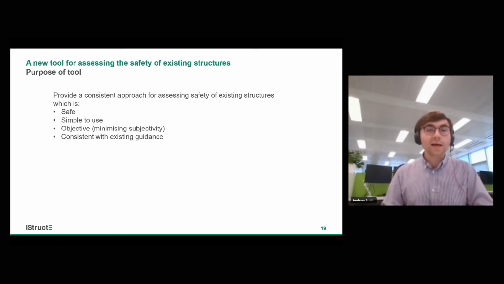We don't want it to be overly complex or overly demanding. Another guiding principle that we've tried to follow is objectivity. We're trying to minimize the amount of subjectivity in the process as far as possible and provide as much guidance so that different engineers are likely to reach the same result. And then finally, we want it to be consistent with as much of that existing guidance as possible.